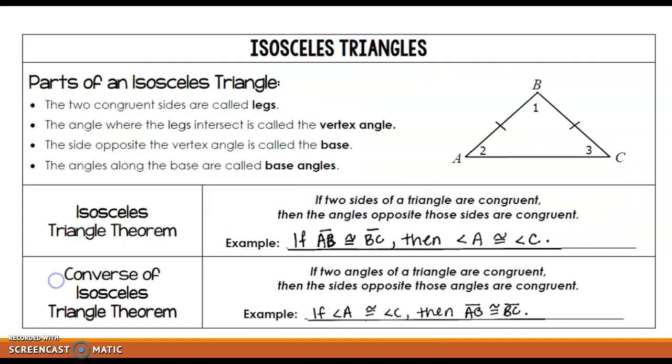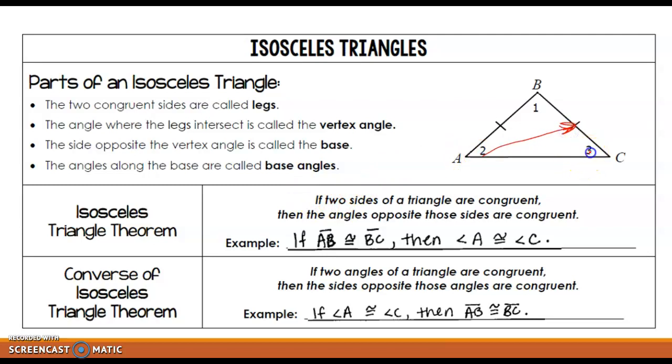Awesome. Okay, now we're going to talk about isosceles triangles. Here, take a second and study over this, the information on here. We know that 2 sides of the triangle are congruent, and then the opposite angles are congruent. Just like we talked about, the sides and the angles correspond with each other. So this angle, number 2, corresponds with this side over here.